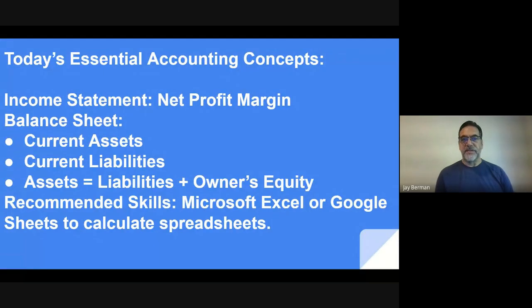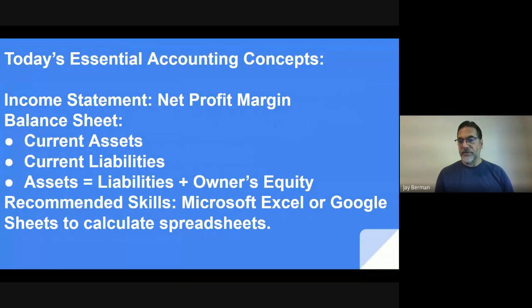So today's concepts, I'm going to finish with the income statement, which was primarily episodes 1 and 2, discussing the net profit margin. Then I will dive into the balance sheet. In this episode, I will cover current assets and current liabilities.